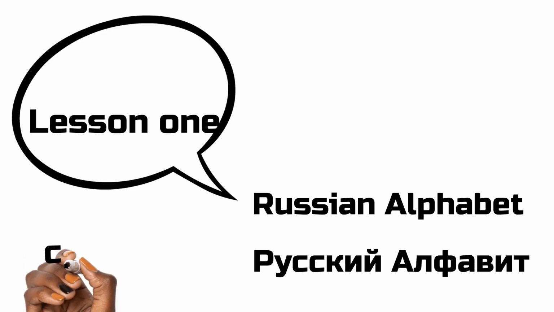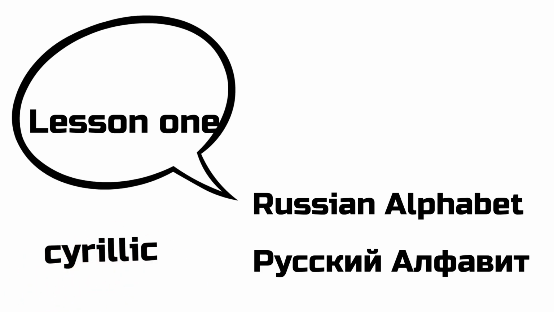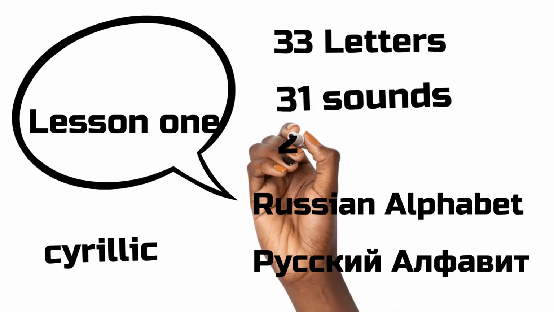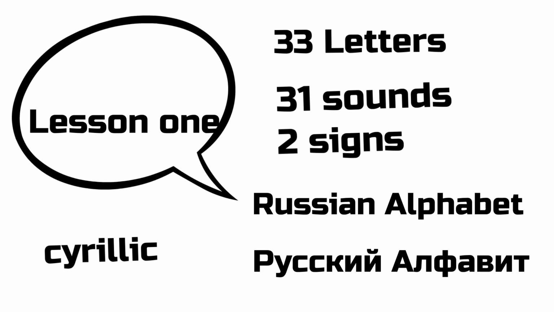It is also known as the Cyrillic alphabet, in honor of Saint Cyril, the Greek monk and scholar who is said to have devised an early version of it. The Russian alphabet consists of 33 letters, representing 31 sounds and 2 signs that have no phonetic value of their own.